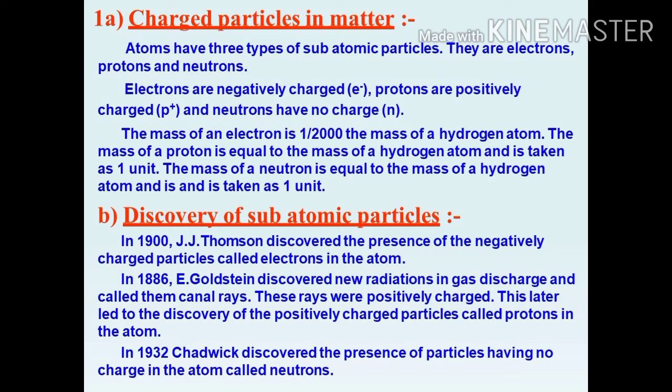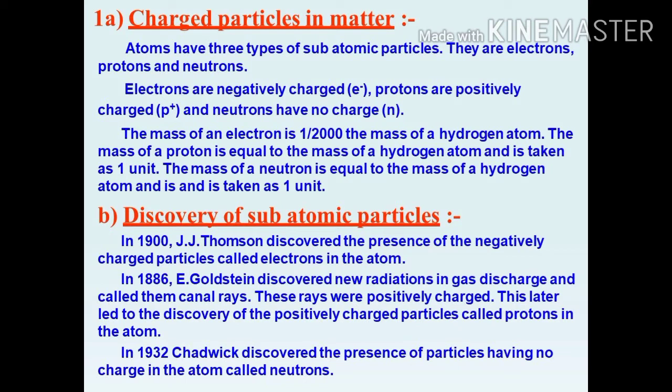Then, discovery of subatomic particles. I told you, in 1900 J.J. Thomson discovered the presence of the negatively charged particles called electrons in the atom. In 1886, E. Goldstein discovered new radiations in gas discharge and called them canal rays. What are canal rays?